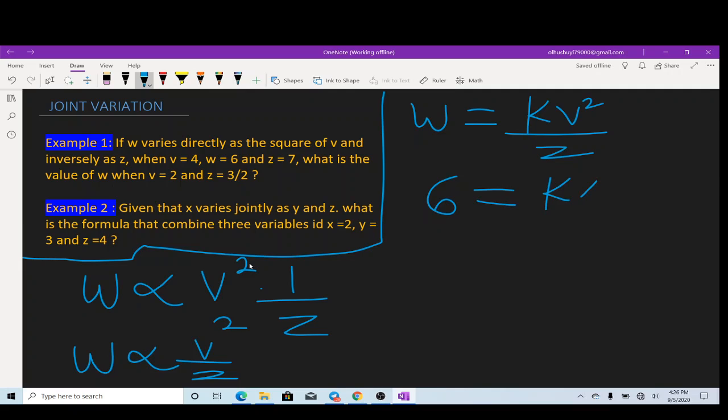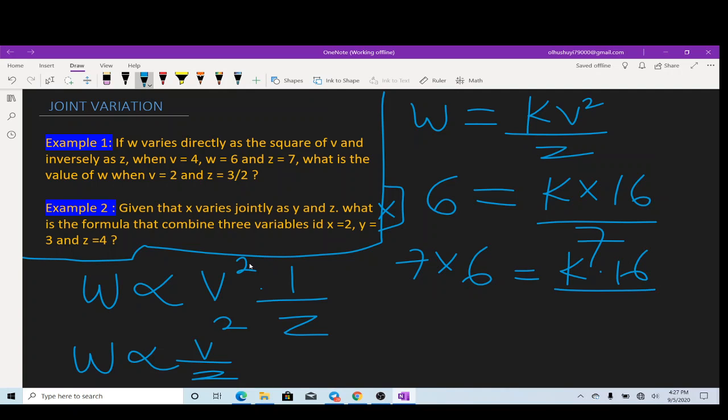We are told that V is 4, W is 6, and Z is 7. That will be 6 equals K times 4 raised to power 2, that is 16, over 7.